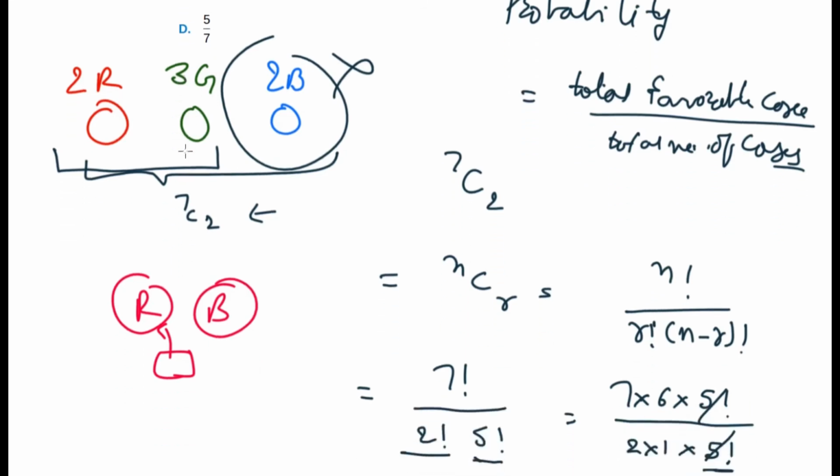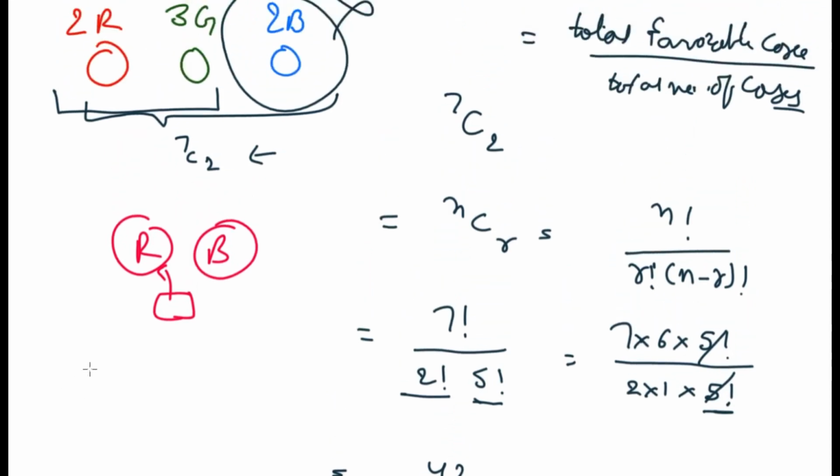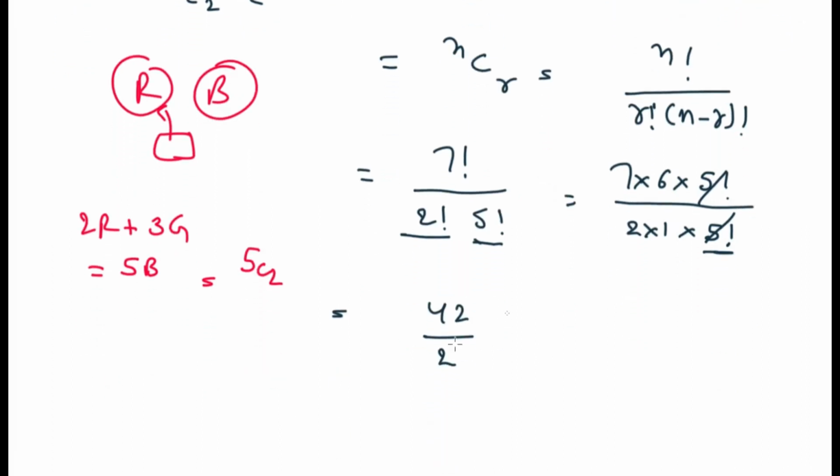So let's find it out. It will be the number of count, which is 2 red plus 3 green balls equal to 5 balls, right? So we have to choose 2 balls out of these 5. So this was the number of total cases, and this is the number of favorable cases.